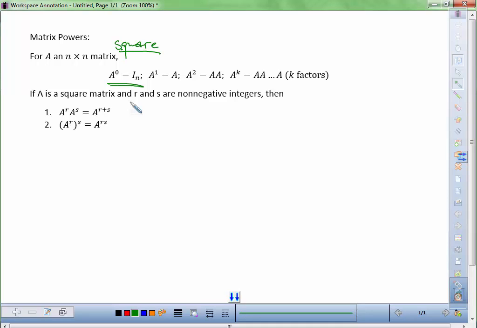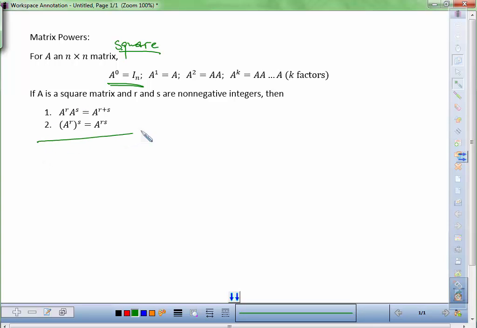And this could be laid out almost the same way as the proof with real numbers. We list down R matrices and S matrices, and you put them together, and there's R plus S of them that you're multiplying.